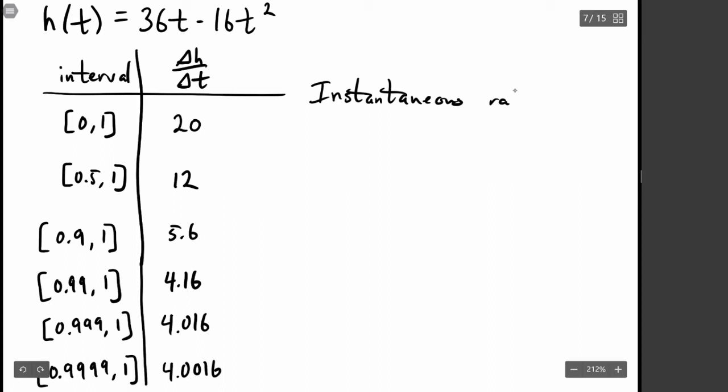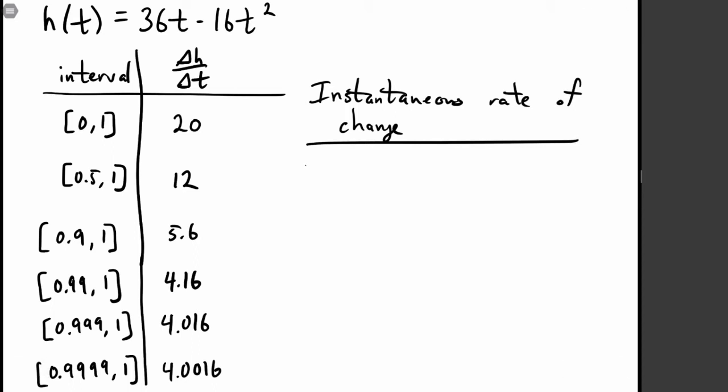What we're doing here is we're essentially computing the limit as delta t goes to 0 of delta h over delta t.